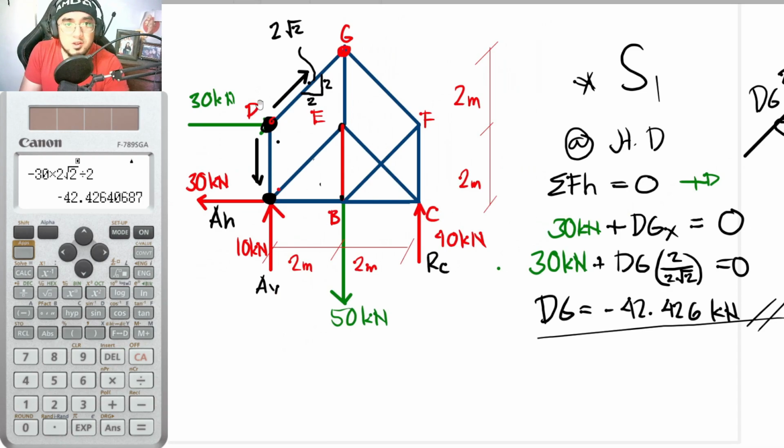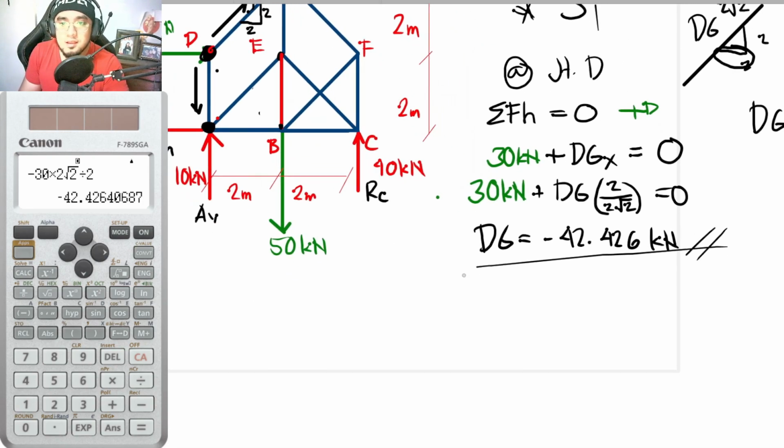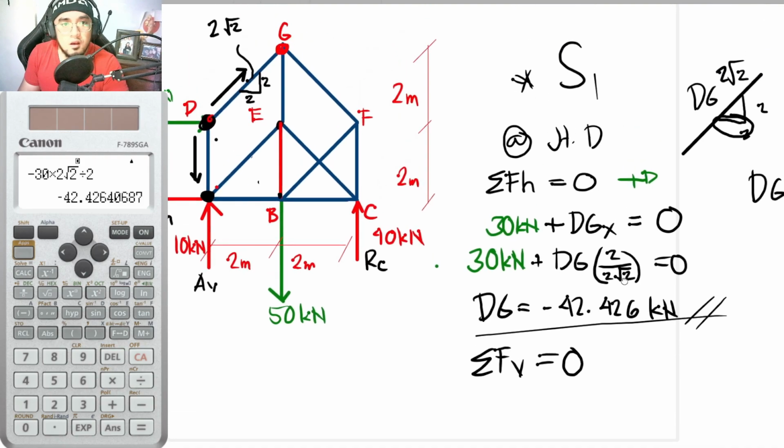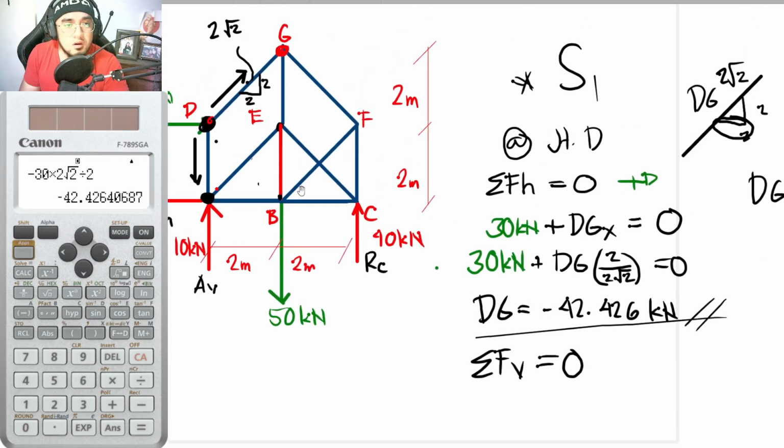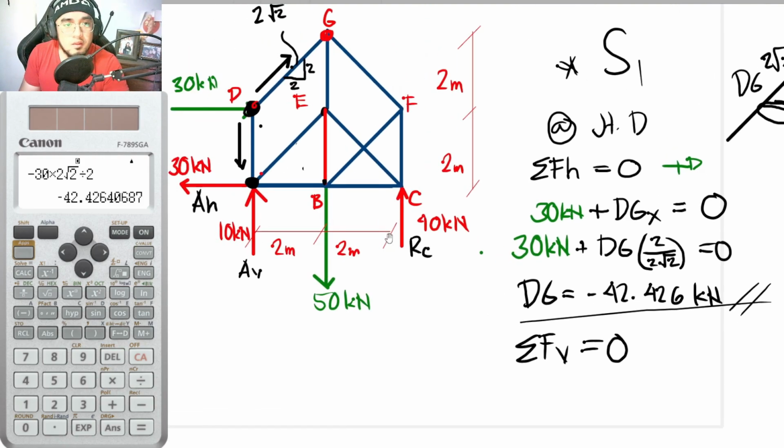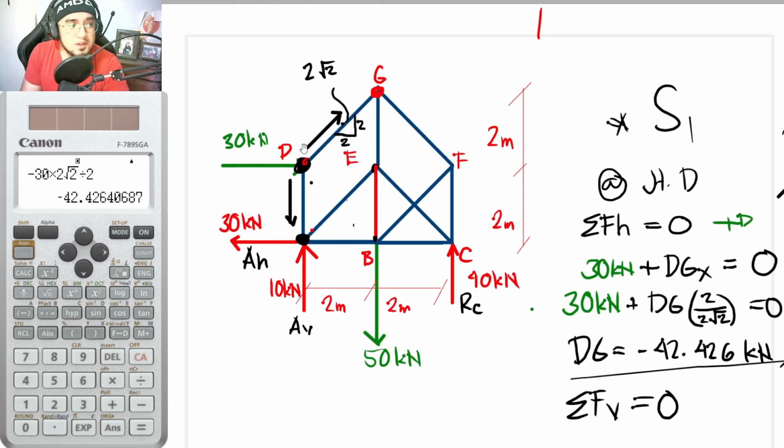So we can also solve for DA or AD by getting the summation of forces vertical equal to 0. Okay, so what are the vertical forces acting at joint D? We have this force going downwards, and that is DA or AD.